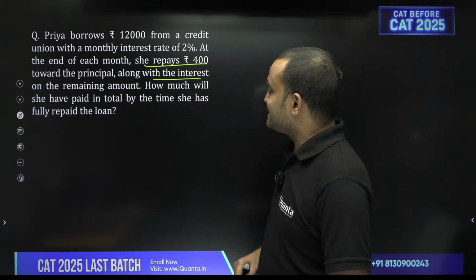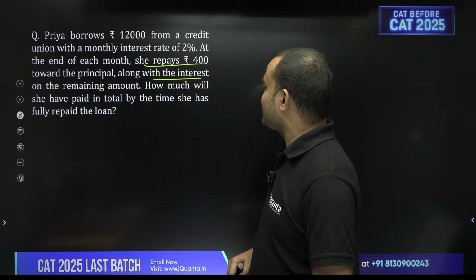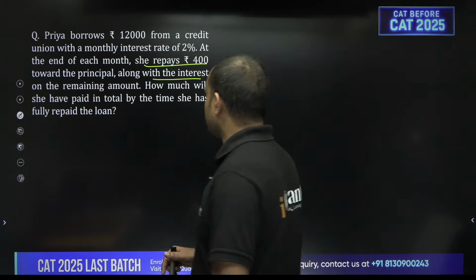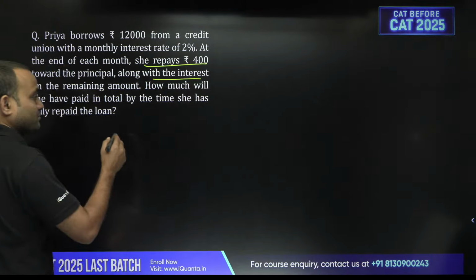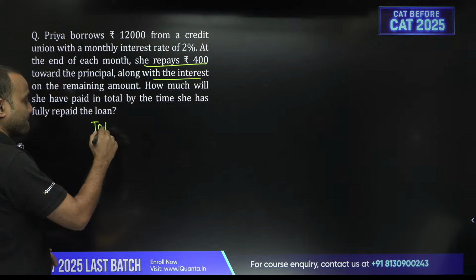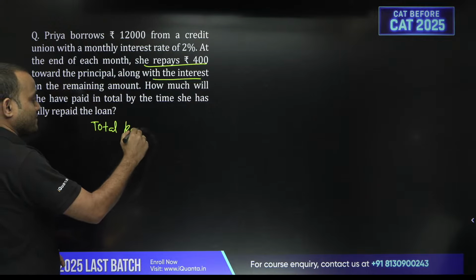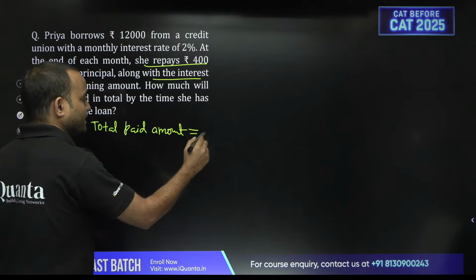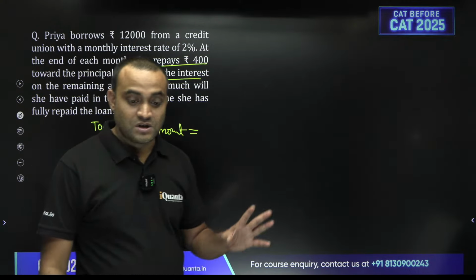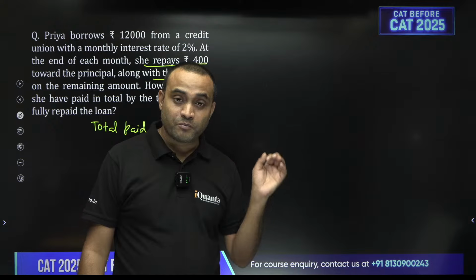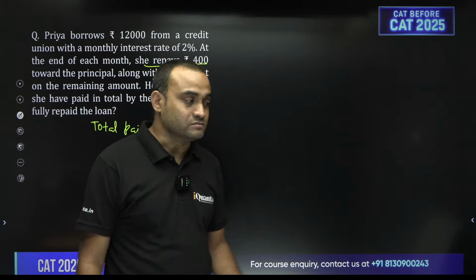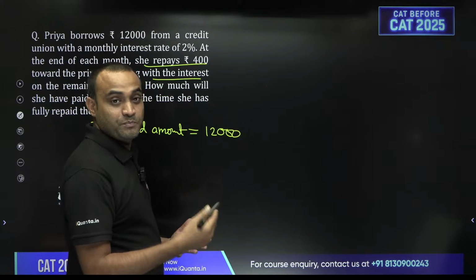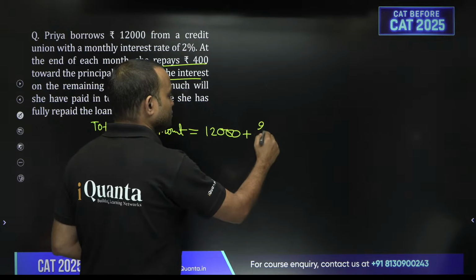How much will she have paid in total by the time she has fully repaid the loan? So what will be the total paid amount? Total paid amount will be equal to, first of all, the 12,000 principal must be paid, plus 2%.